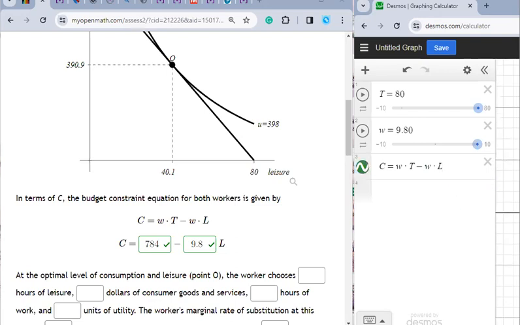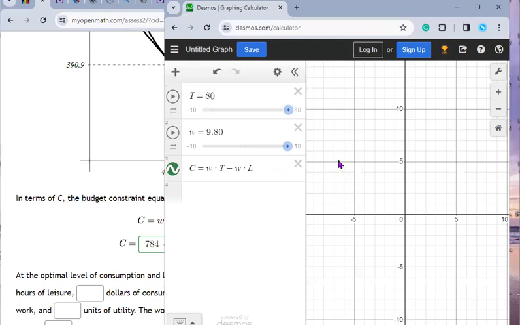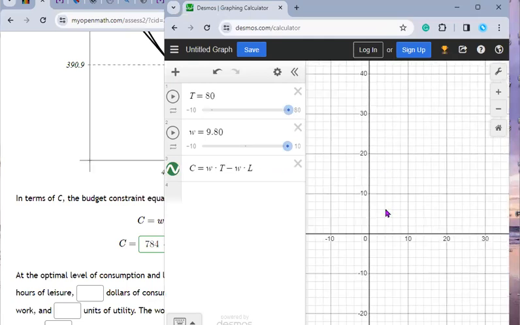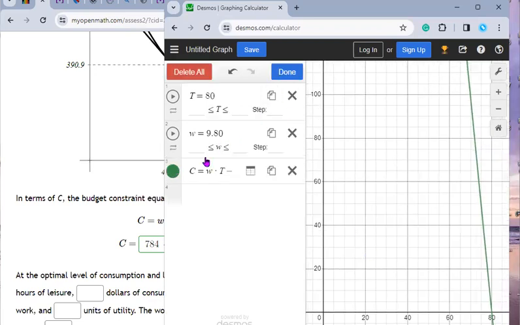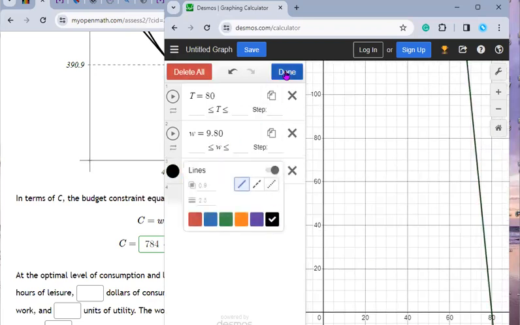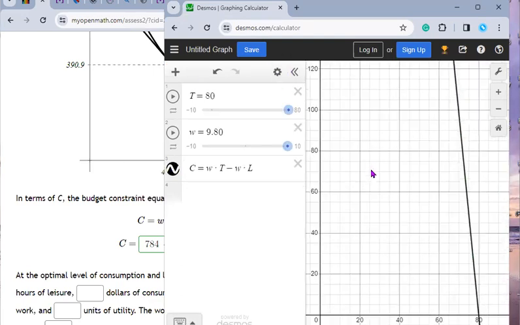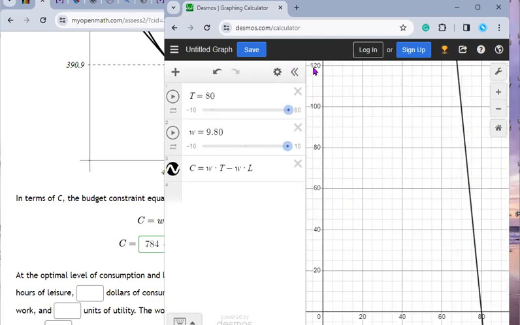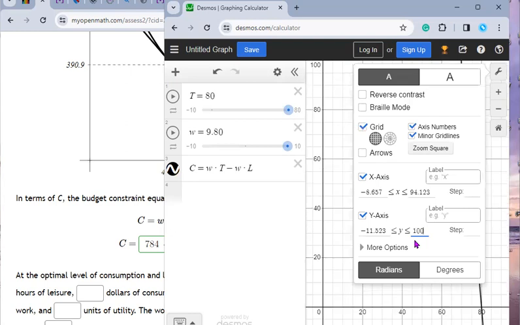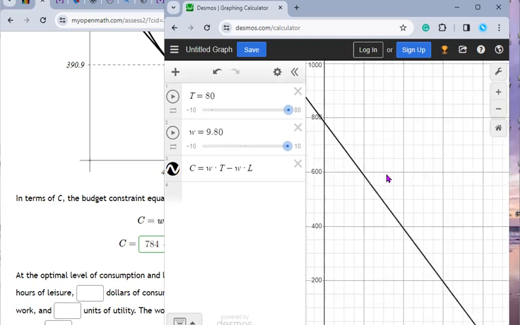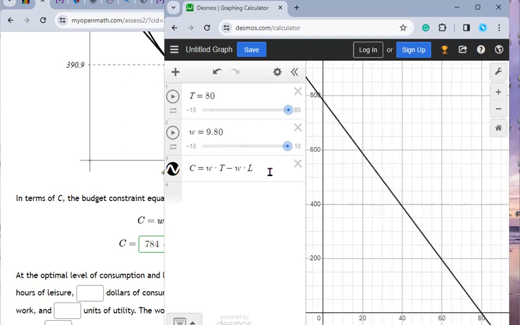Let's see what our graph looks like for consumption. I'm going to change it to black. Okay. So I got to stretch the y-axis, the C-axis. I'm going to make this, I don't know, 1,000. Okay, so there is our budget constraint.